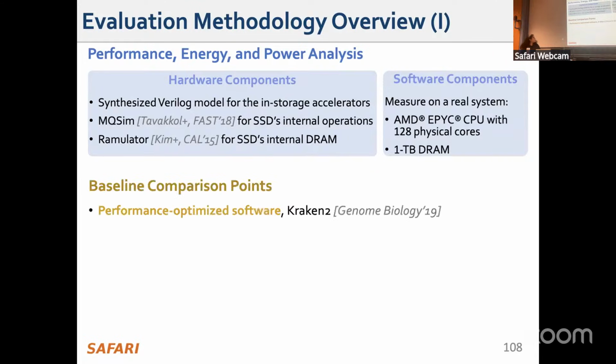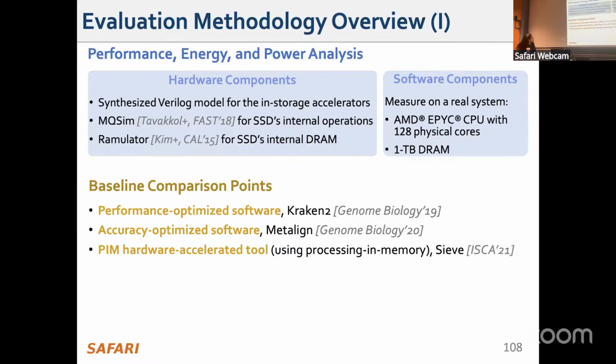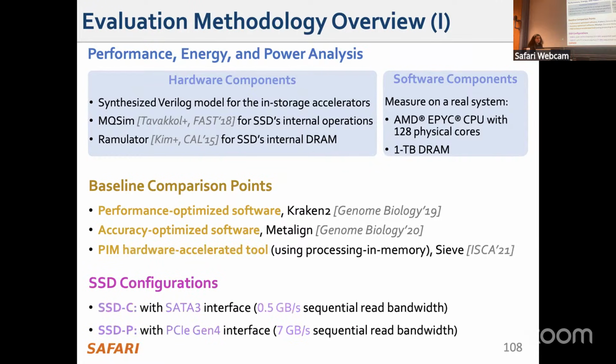So based on comparison points, we have performance-optimized software, and accuracy-optimized software, which also uses a larger database compared to the first one. And a PIM hardware-accelerated tool, which uses processing in memory to further accelerate the performance-optimized tool, meaning it uses processing in memory to perform k-mer lookups. And then we use different SSD configurations with different bandwidth parameters.